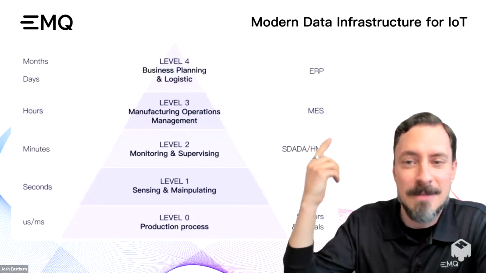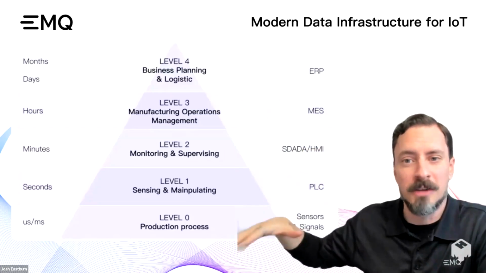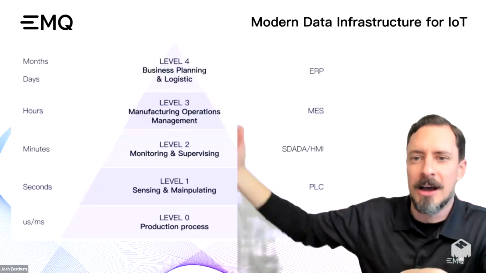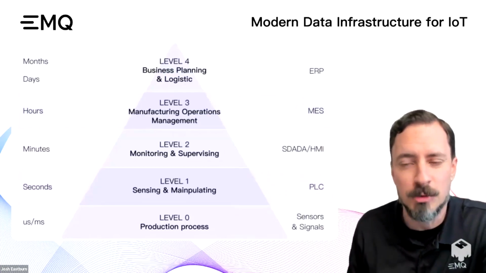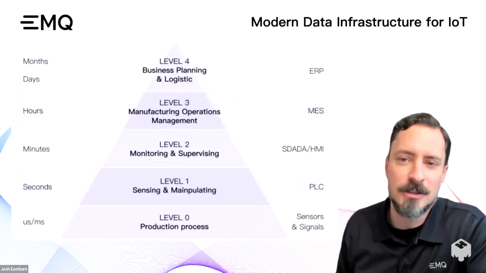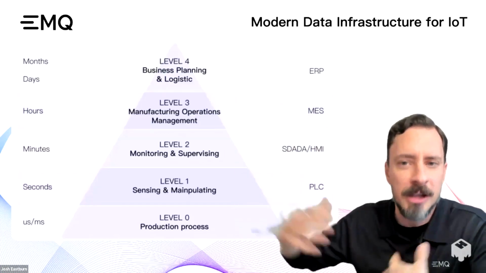And MES is a manufacturing execution system, and that's going to basically organize the work of these lower levels into batches of work, right? We're taking orders from the ERP system, which is an enterprise resource planning system, something like SAP, and we're organizing that into batches of material that need to be produced, run plans, that kind of stuff.